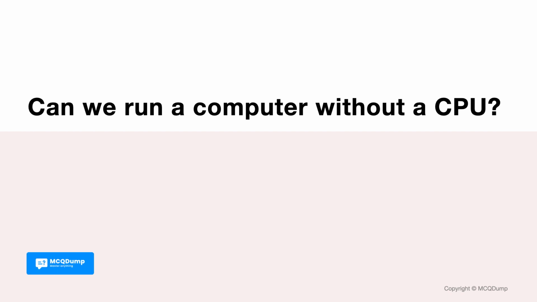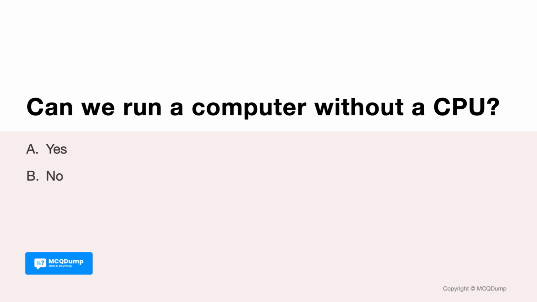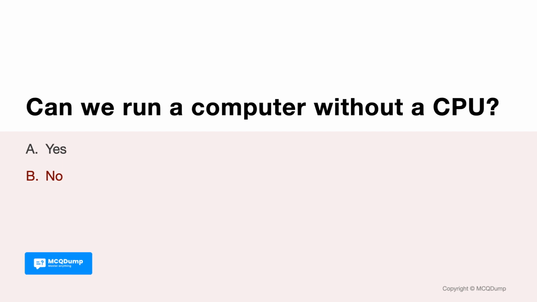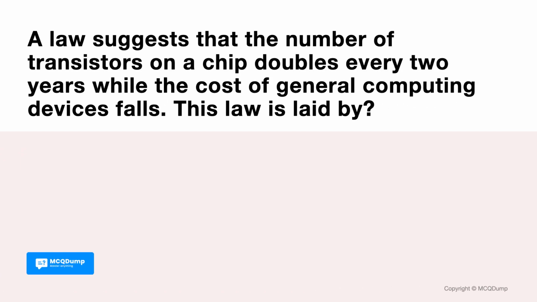Can we run a computer without a CPU? Yes or no? No, we can't run a computer without a CPU. Without this, the system will not even boot. A law suggests that the number of transistors on a chip doubles every 2 years while the cost of general computing devices falls.